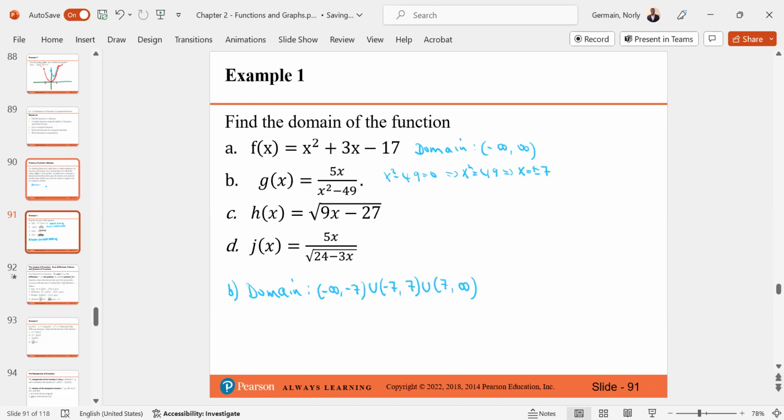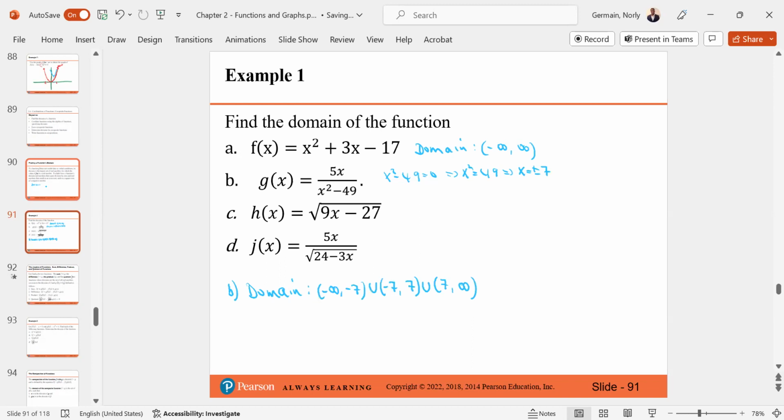If you look at C, you have a square root. The function h of x equals the square root of 9x minus 27 contains an even root. That means a square root, a fourth root, a fifth root. Because it's an even root, we cannot accept negative numbers.